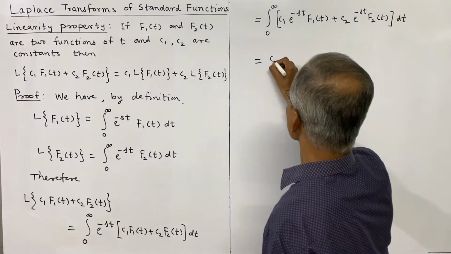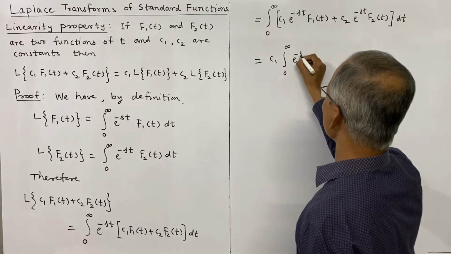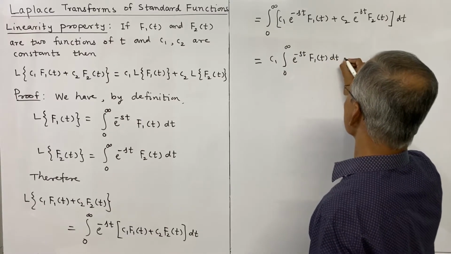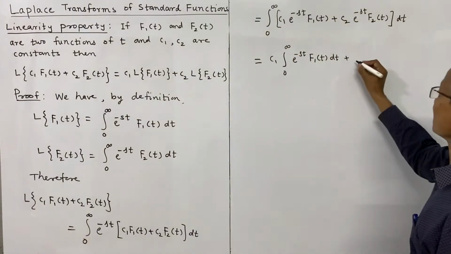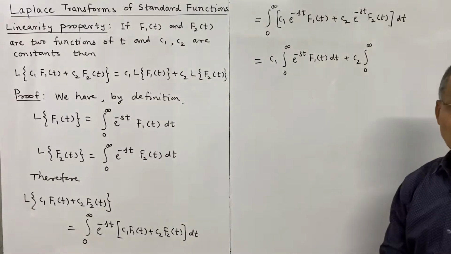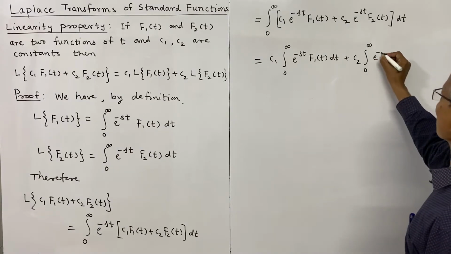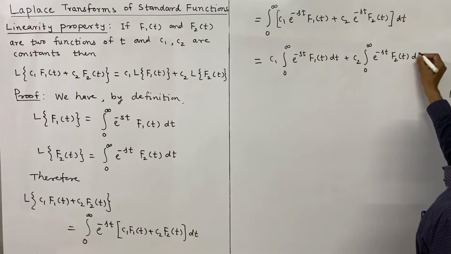This we can write as c1 integral 0 to infinity e to the power minus st f1(t) dt, plus similarly c2 integral 0 to infinity e to the power minus st f2(t) dt.